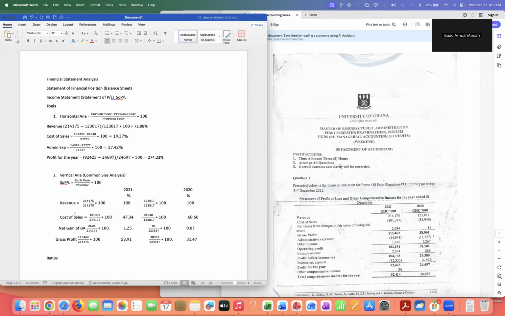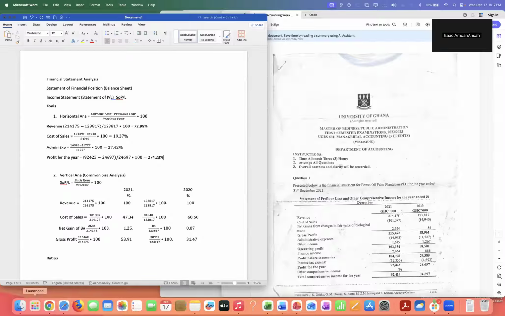Okay, let's pick it from the bottom. I've not mentioned the net gains. In 2021, the firm was able to retain approximately 54% of its revenue as gross profit after spending 47.34% on cost of sales.